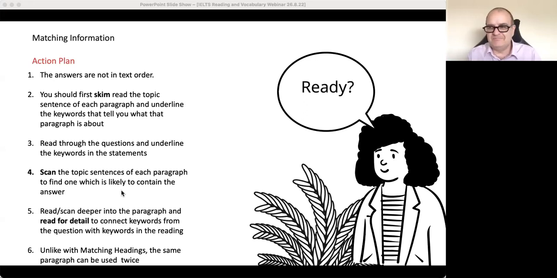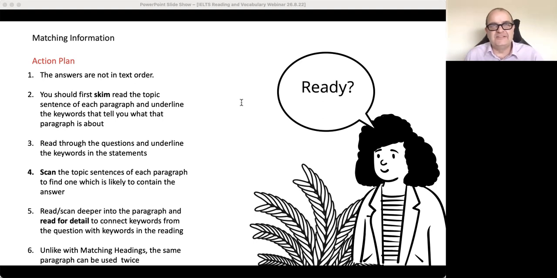The heading will have synonyms for the words in the topic sentence. But in this case, it's going to be something that might be connected to the topic, but it's not exactly the topic itself, but is related to the topic, because it's in the later sentences in that paragraph which are developing the topic. So that's what number 5 says.